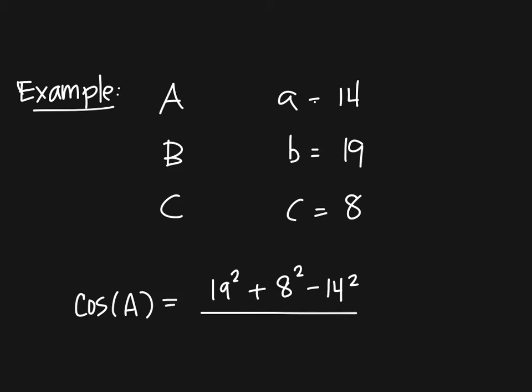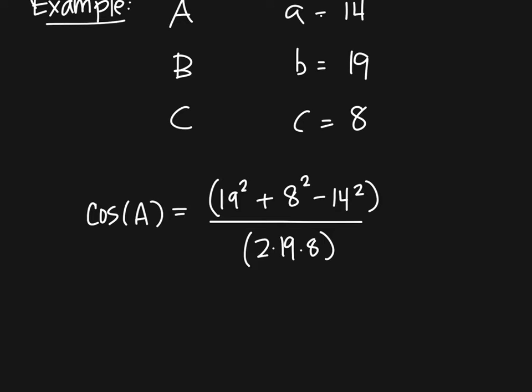Because there's a lot of addition and subtraction going on, you want parentheses around that numerator so that your calculator knows those all go together. Then the denominator would be 2 times what two things? The 19 and the 8. And again, you're going to want parentheses around that.